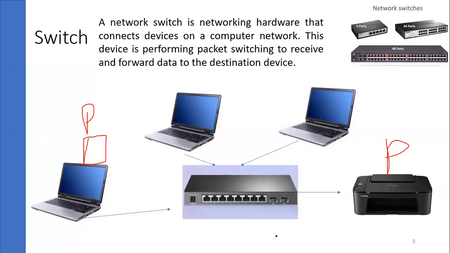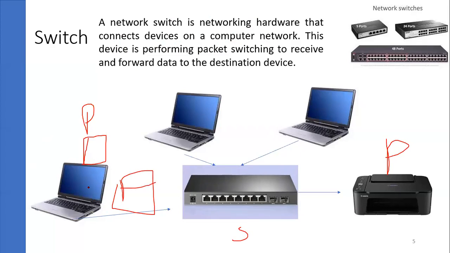In that case, we have to use this switch. A switch is a hardware device that connects devices on a computer network. This device performs packet switching. So this laptop transfers information in a packet.